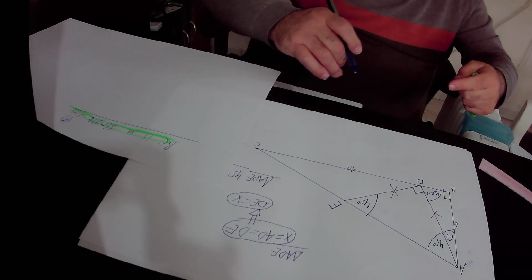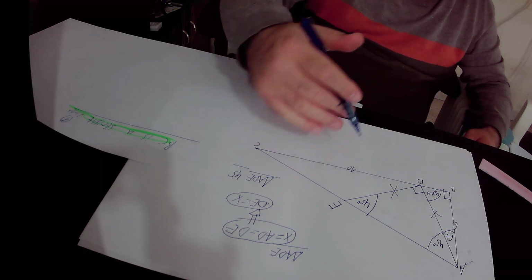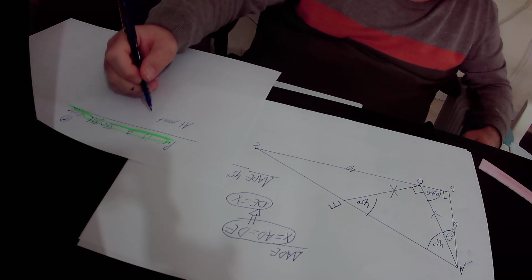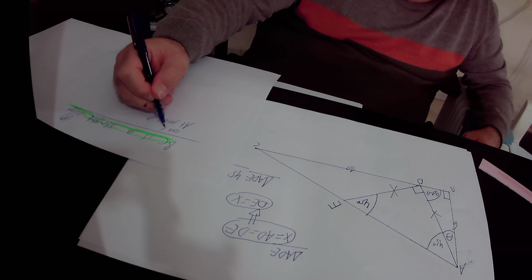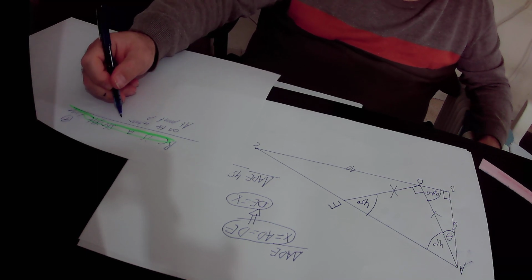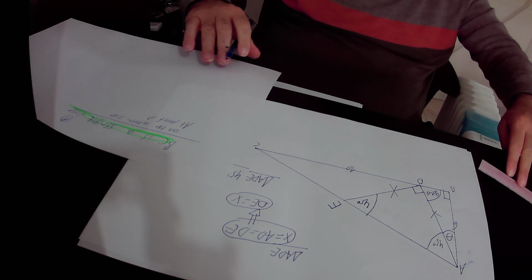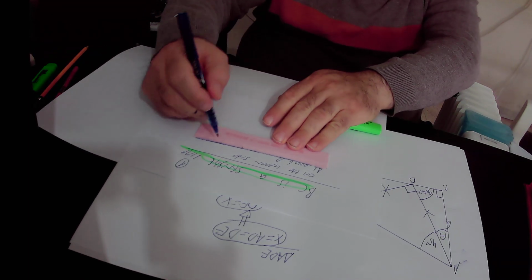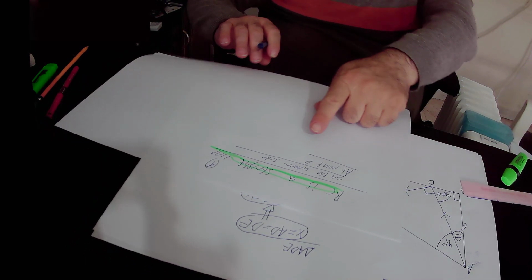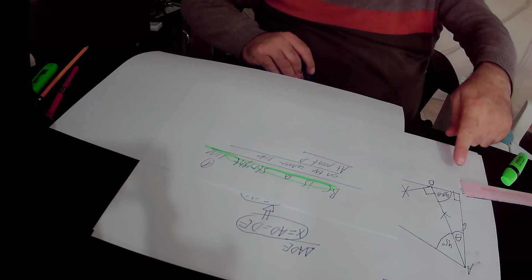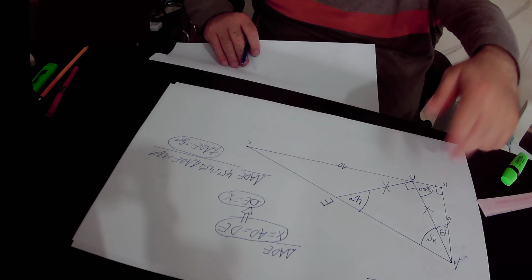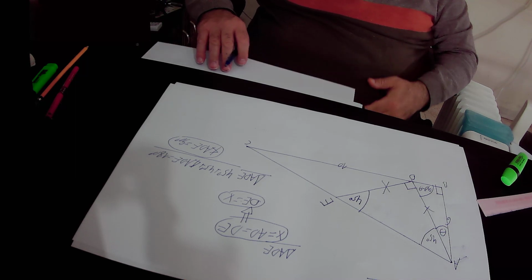So if we focus on the upper side of the straight line BC at point D, the sum of the angles on the upper side of BC at point D must be equal to 180 degrees according to the rule that I mentioned.